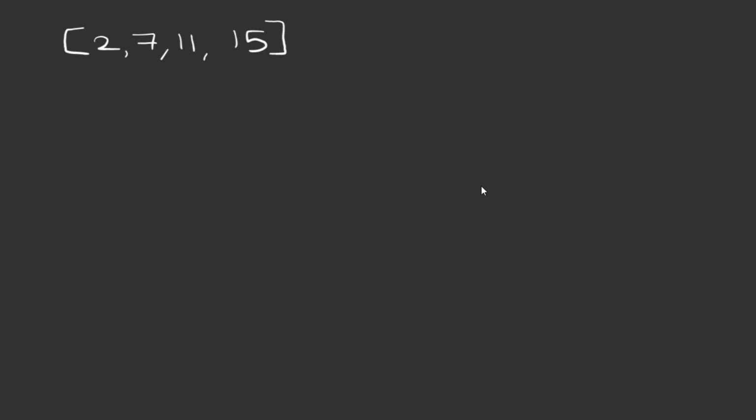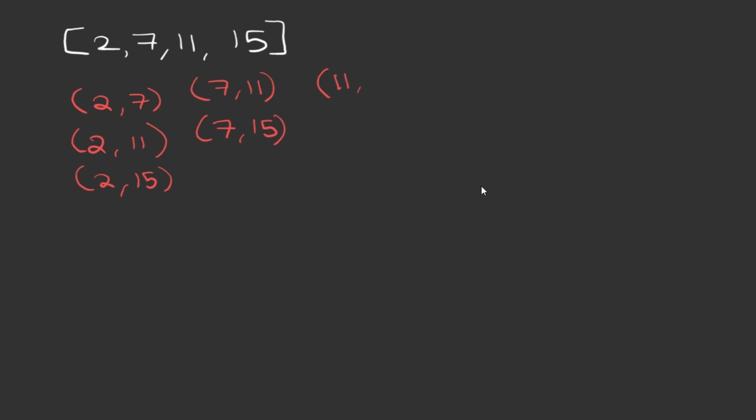If we list out all the pairs between two elements in a particular way, we get all these pairs, namely 6 pairs.